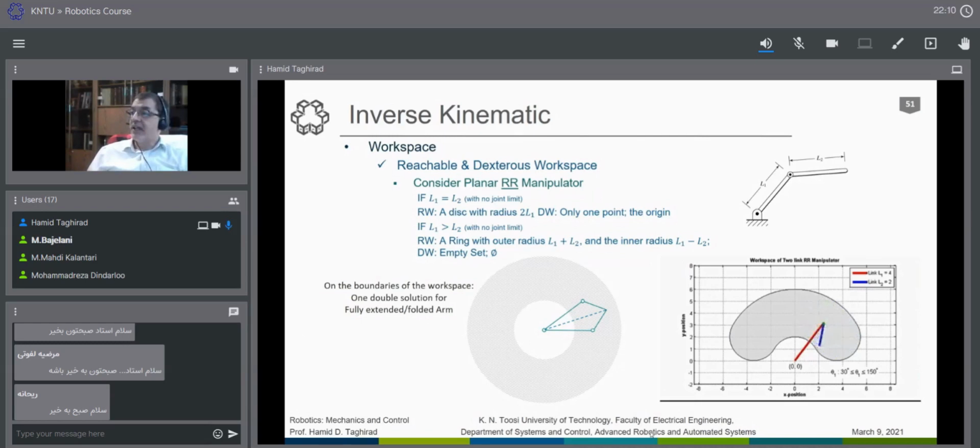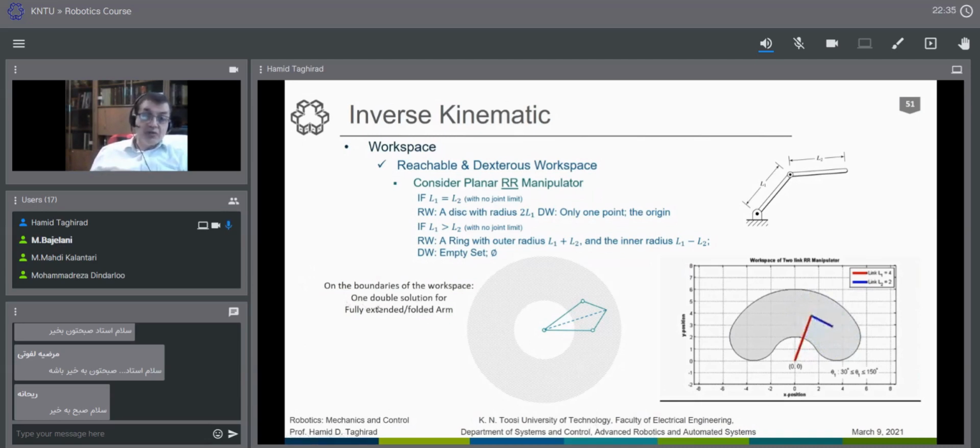This also shows you another way to find the workspace. One way is to find the boundaries. To find the boundaries of the workspace, we have to find where the double solution will reach one single solution, if it is possible.